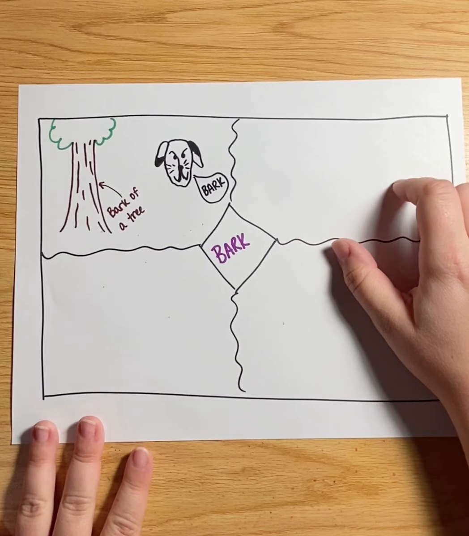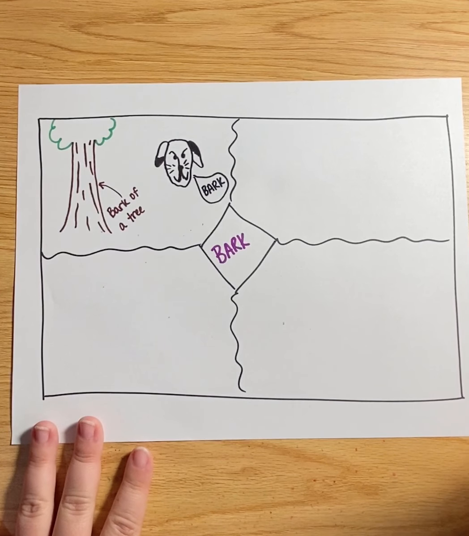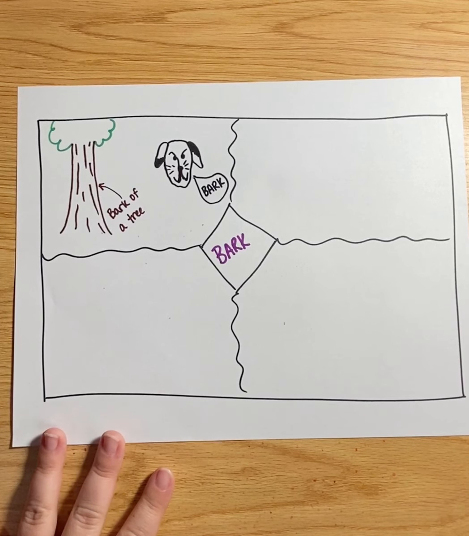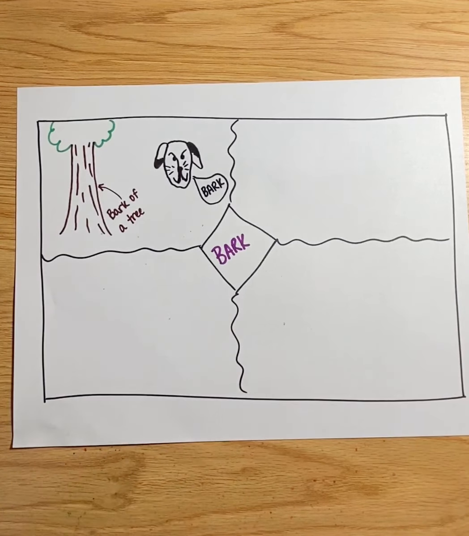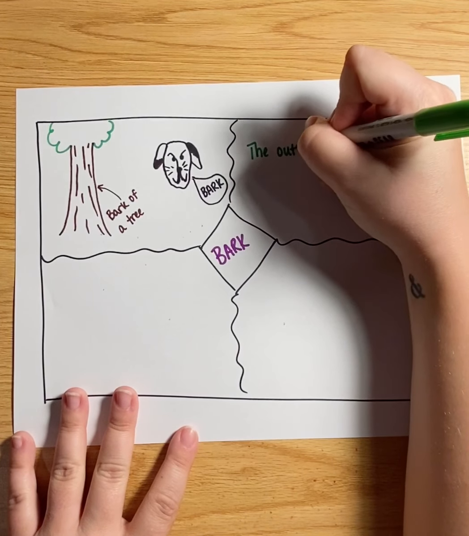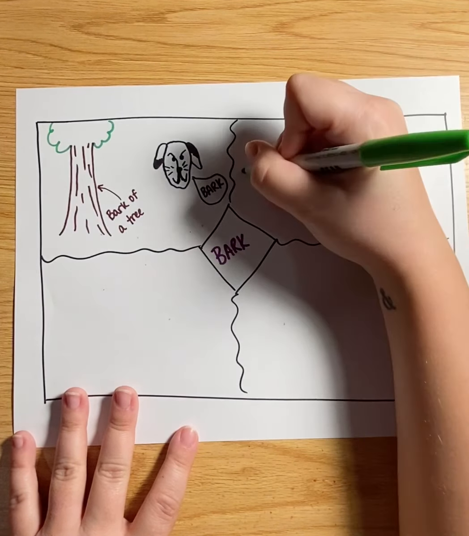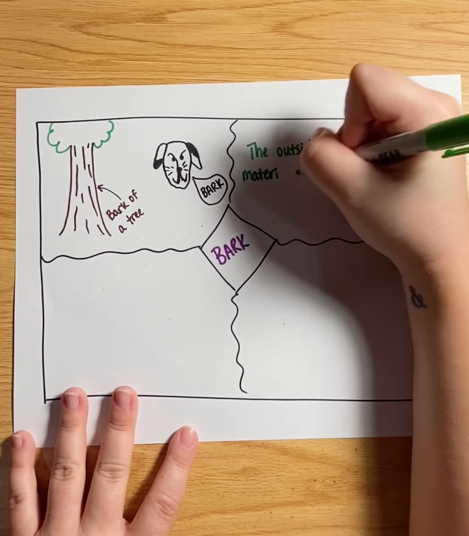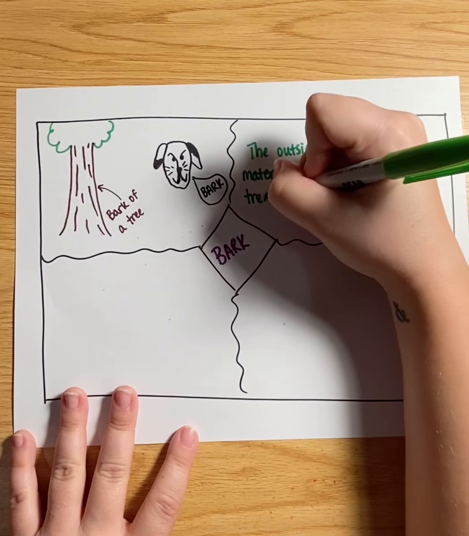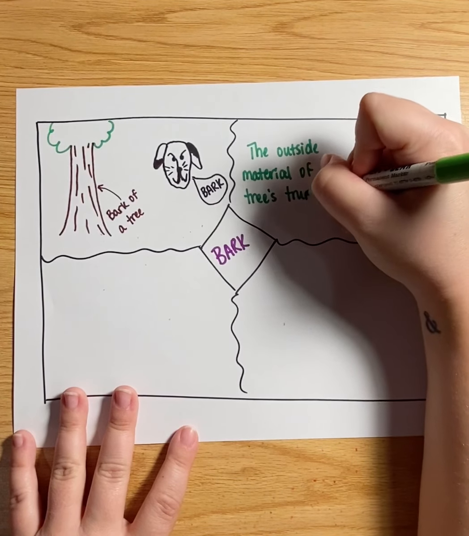Up here, I'm going to write the definition of my word. So my first definition would be the outside material of a tree's trunk.